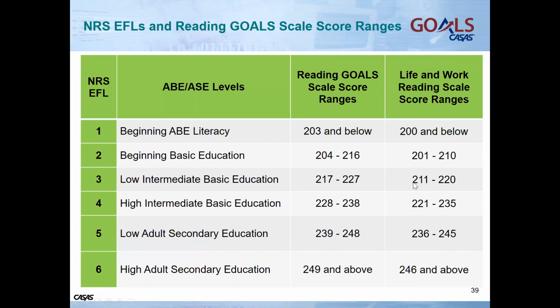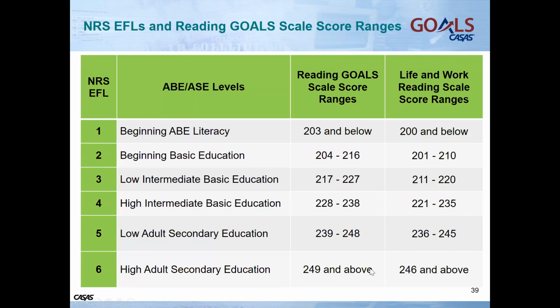Then high intermediate, again, starts much higher. And because this used to be the level that was much wider, it only ends a little bit higher than before. But still, to get into NRS level 5 for ABE or ASE at this point, instead of a 236, you need a 239, and you need a 249 to get into level 6, or out of 5. So this has changed slightly.